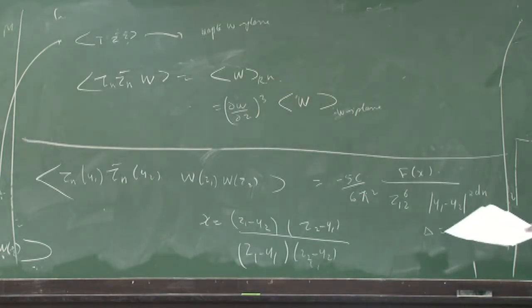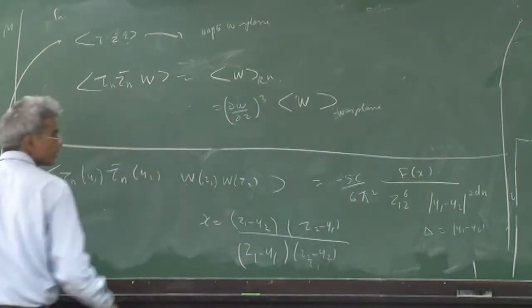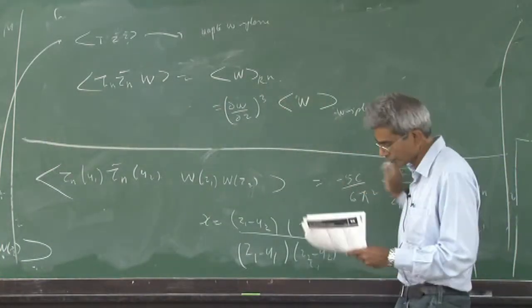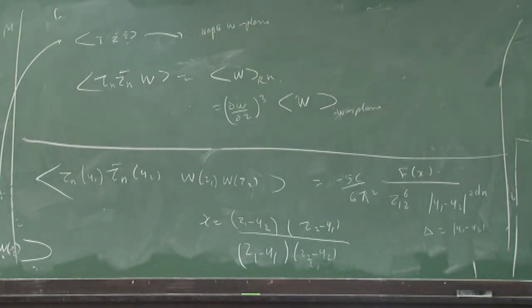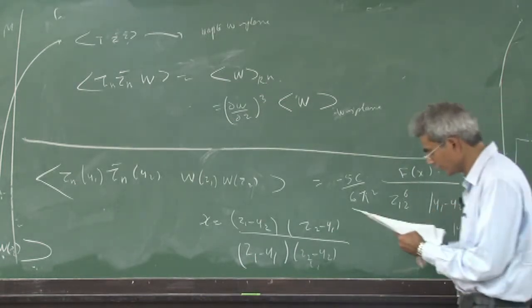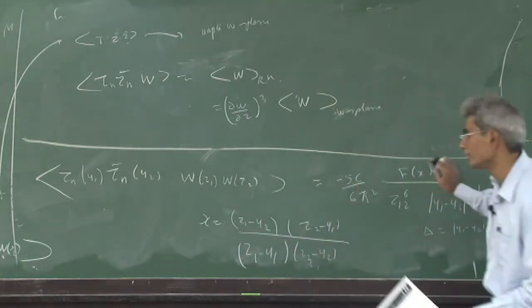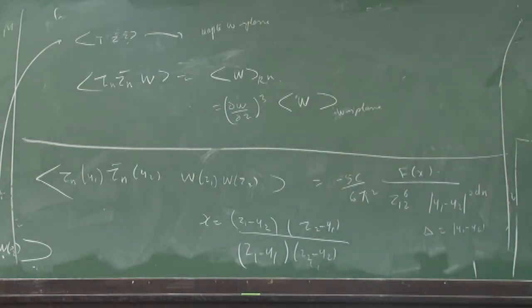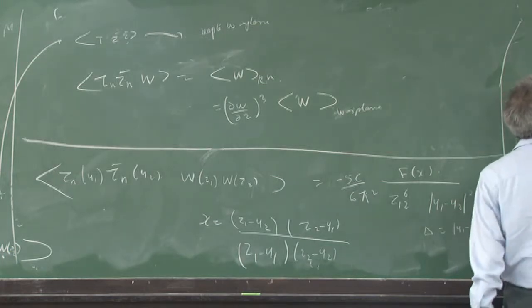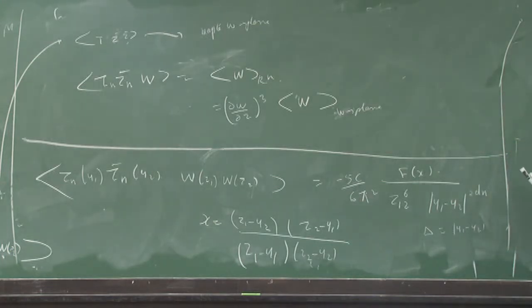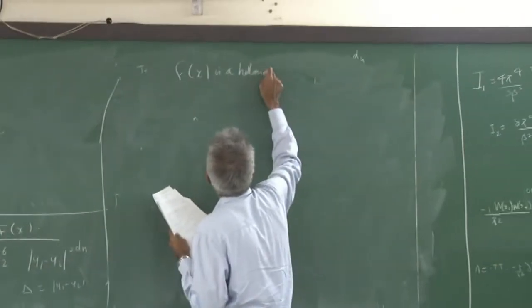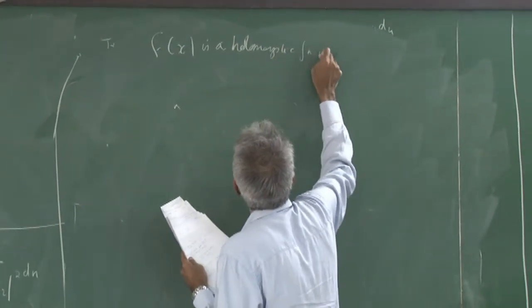In this case, you can actually show, because these are holomorphic currents, this cross ratio is holomorphic. There's no x bar. So that's important. Then let us look at all the symmetries and try to fix f of x. First, f of x is a holomorphic function in x.